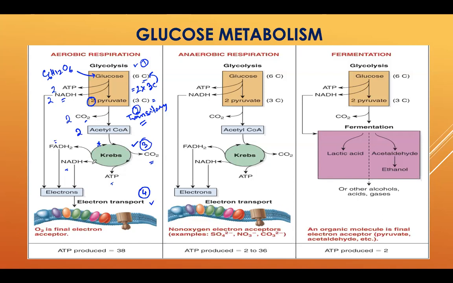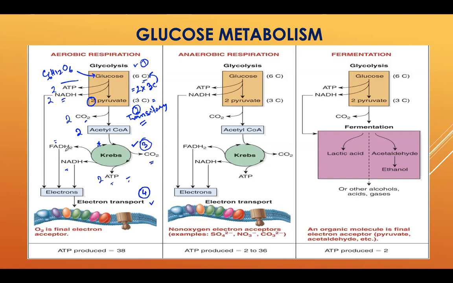Over here 2 ATP is produced. So the purpose of aerobic respiration is the production of ATP. We produce 2 ATP over here, 2 ATP over here. So that is done now. But we need more energy.